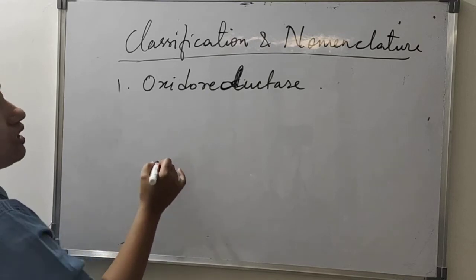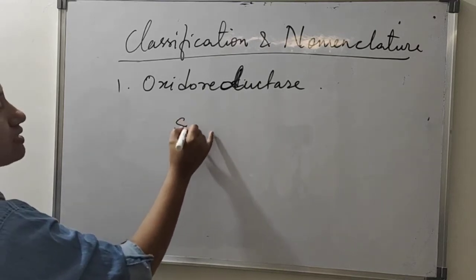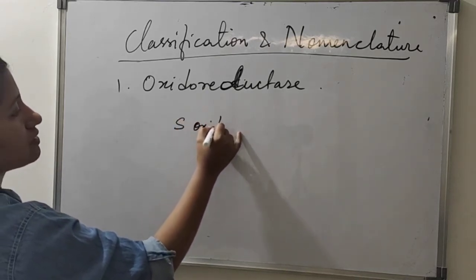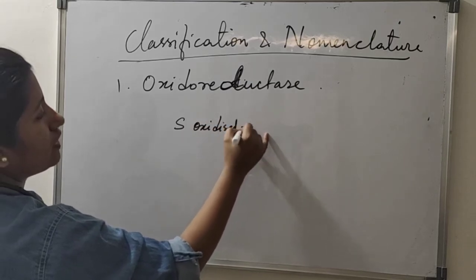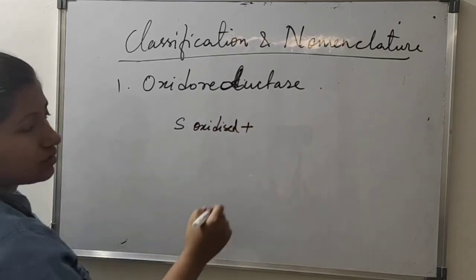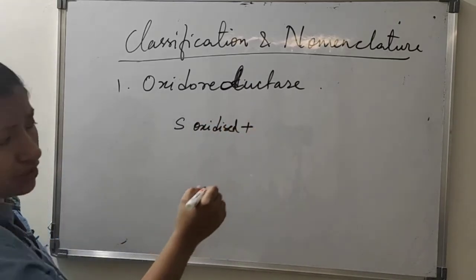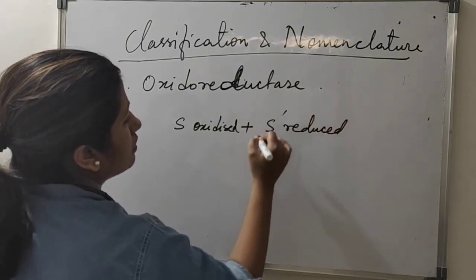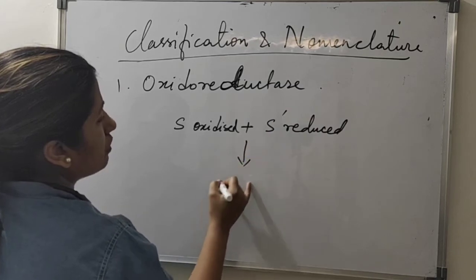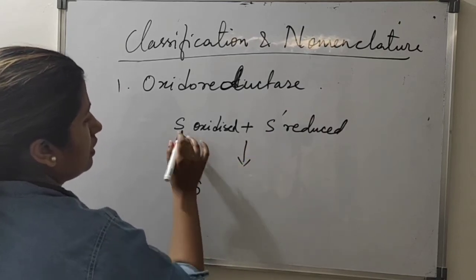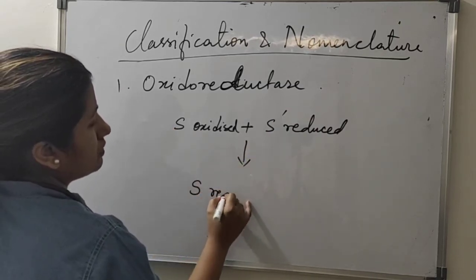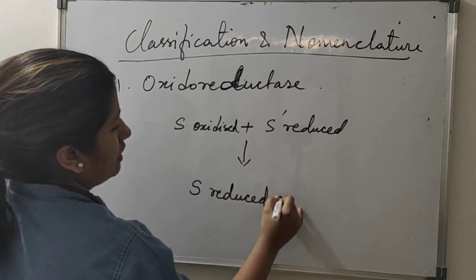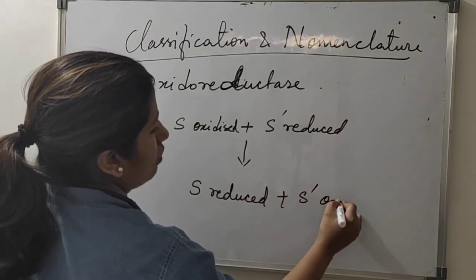It means a compound, an oxidized compound, suppose S is oxidized, when it reacts with a reduced compound, it will lead to the formation of S getting reduced, whereas S prime will get oxidized.